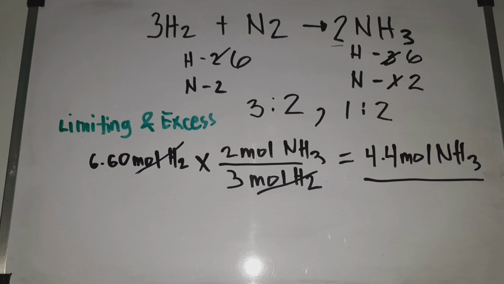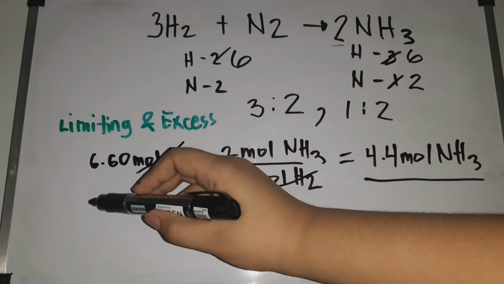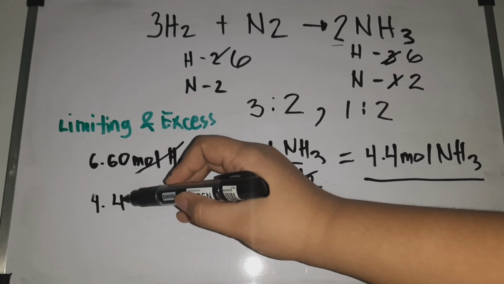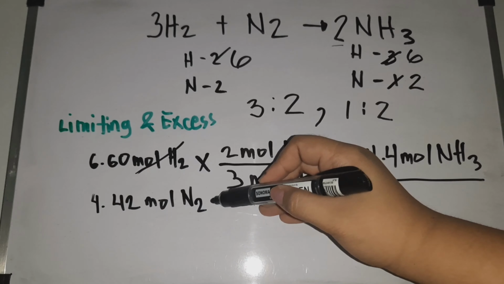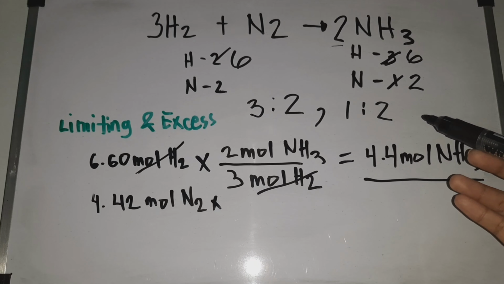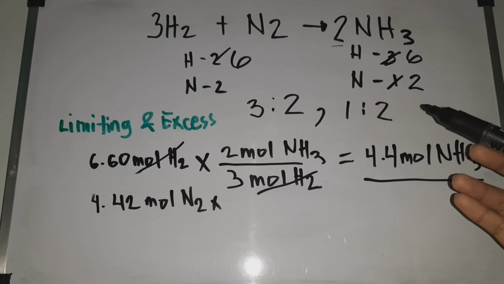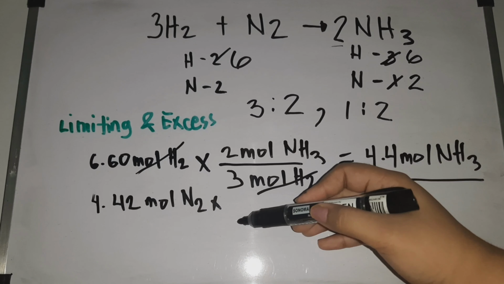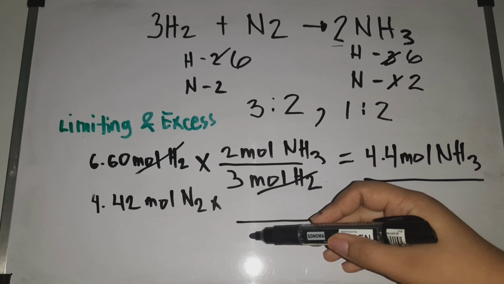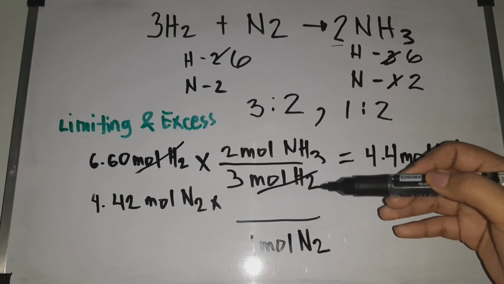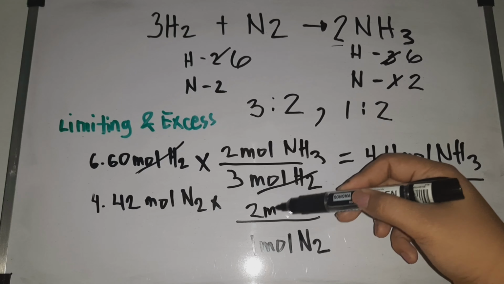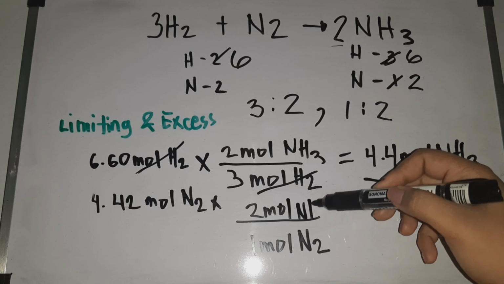Okay, so this is the number of mole we will produce if we use 6.60 moles of H2. So let's solve for the N2. According to the problem, we have 4.42 mole of N2. So again, what is the ratio of N2 to our product, which is NH3? For every 1 mole of N2, we have 2 mole of NH3.